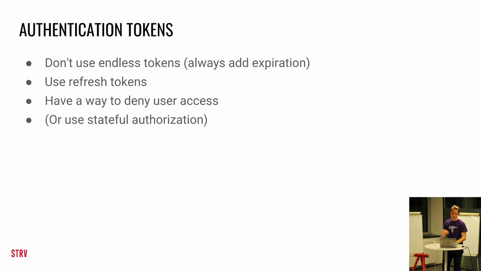Where do you get this refresh token? You send it together with the authentication token, so he receives two tokens at the same time? Yes, once he logs in, he would receive both, and the client application would only use the refresh token to receive another access token. But the refresh token is still the same and without expiration? Well, there are multiple ways to handle that. One would be to have it without expiration.